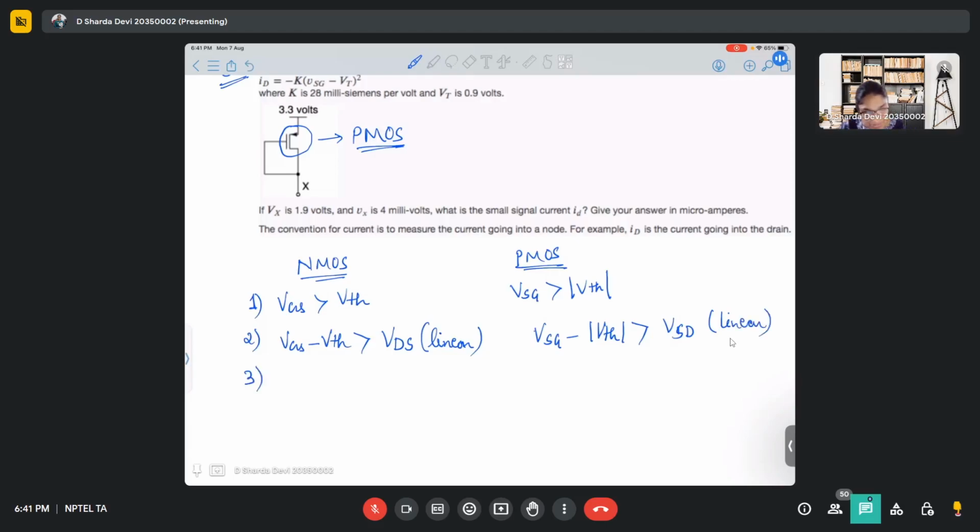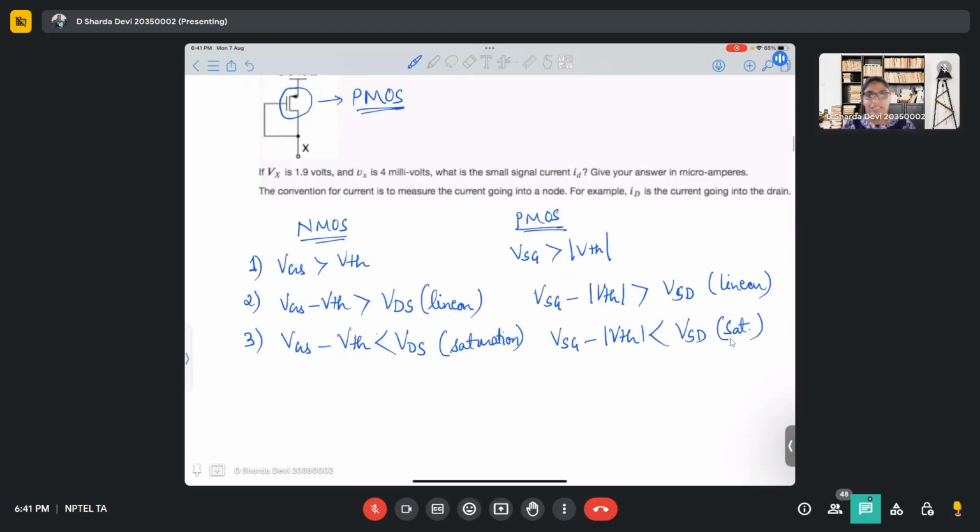Now third, when your VDS is greater than your VGS minus VTH, then your transistor is in saturation. And similarly, VSD greater than VSG minus mod VTH, then it is in saturation.